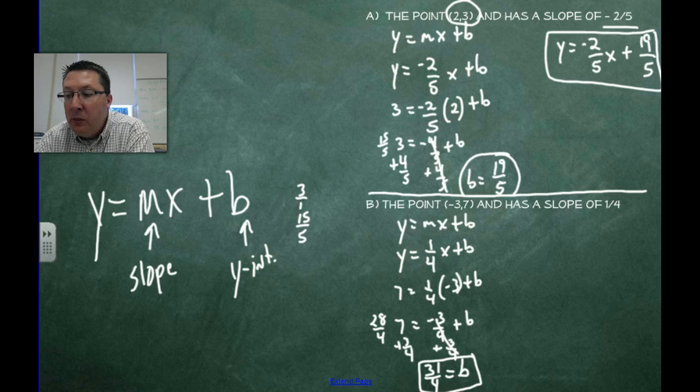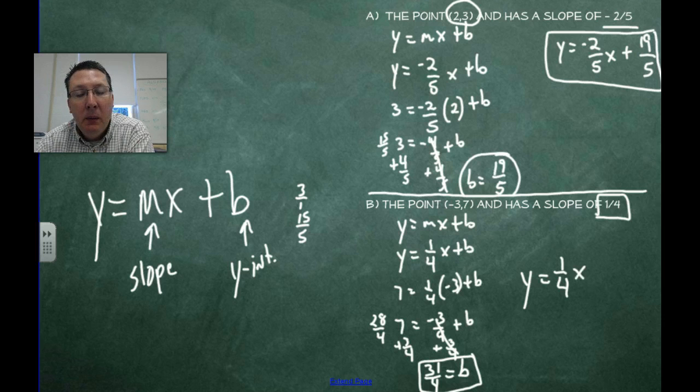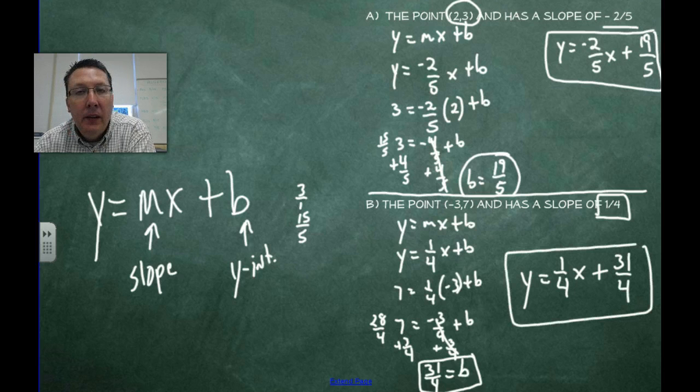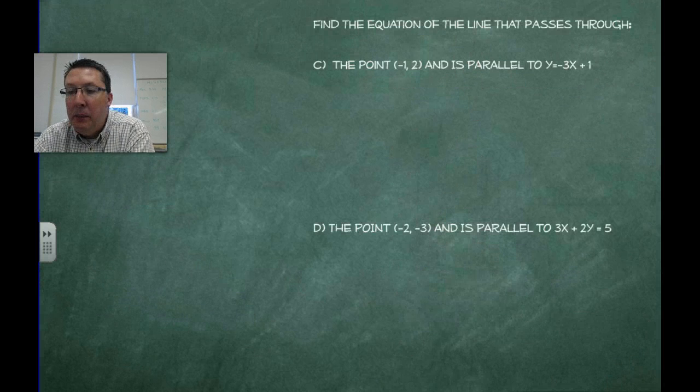So my slope is 1/4, that's m. My b is 31/4, so I can write my equation, y equals m, which is 1/4 x, plus b, or minus b, in this case it's positive, so plus 31/4. And there's my equation. Okay, let's try the next topic.